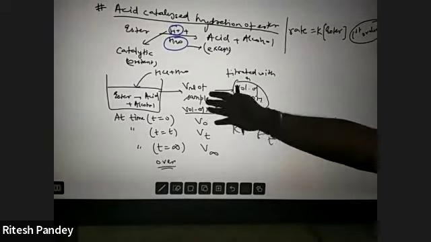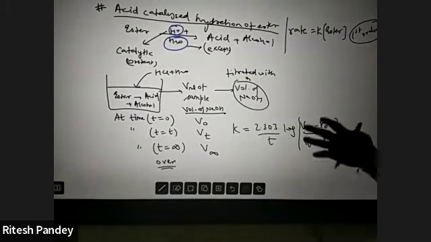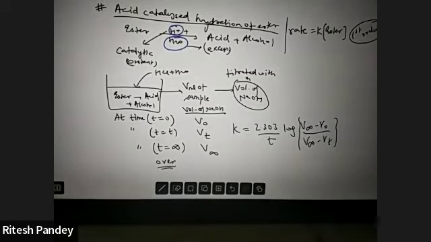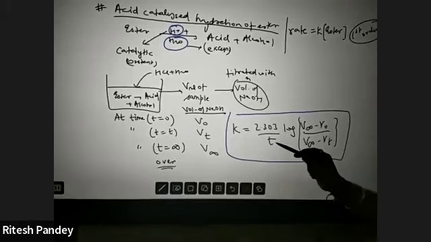A given volume of the mixture at different intervals is being titrated with NaOH. You're drawing a particular volume of the sample at constant intervals. I told you, this is not only going to be a way of finding K at different time intervals.